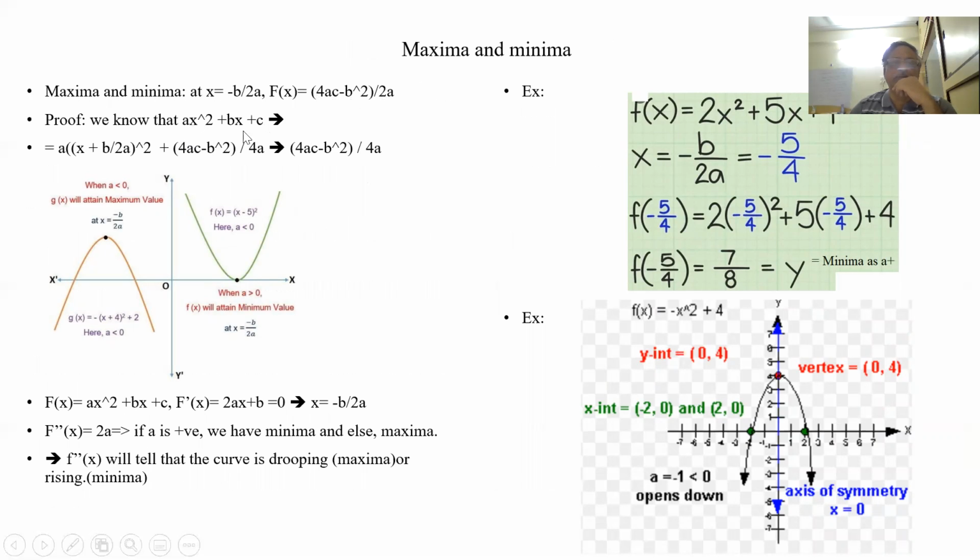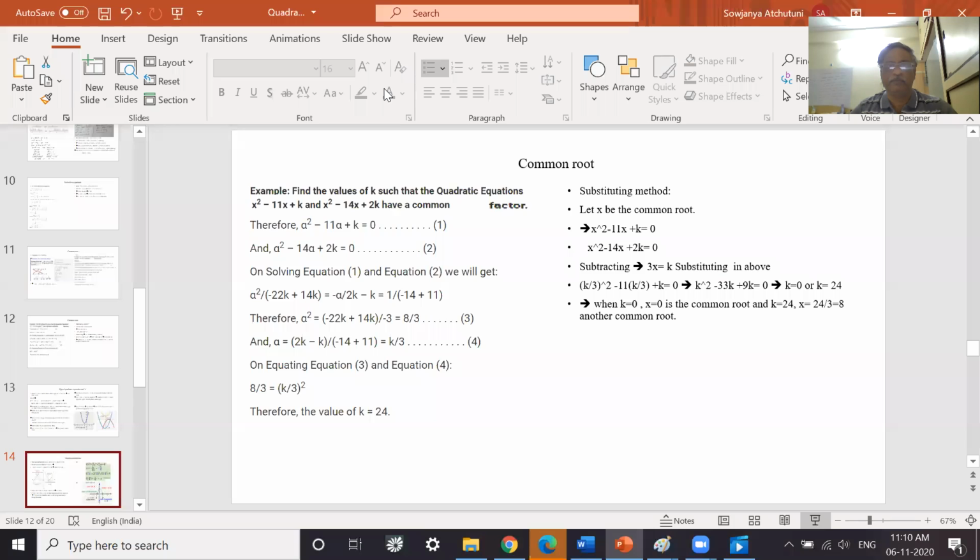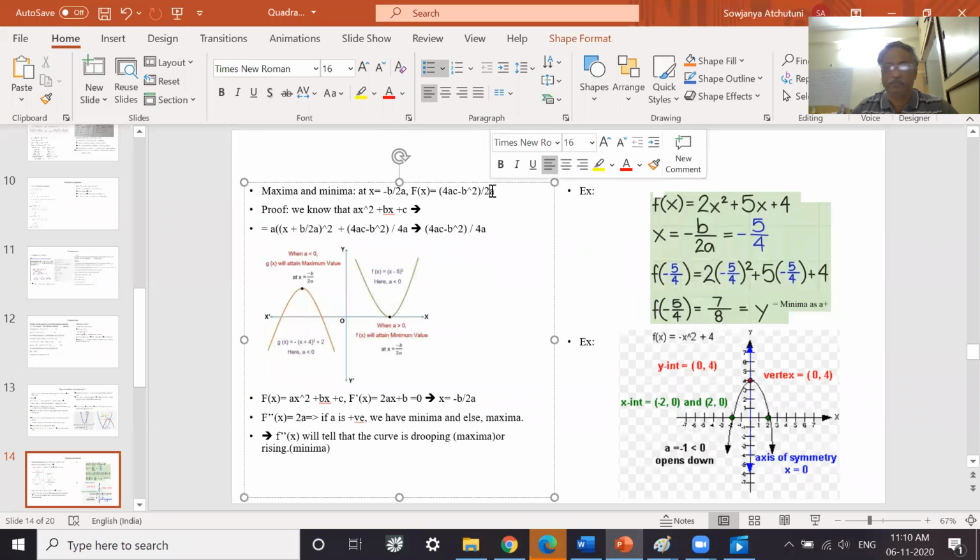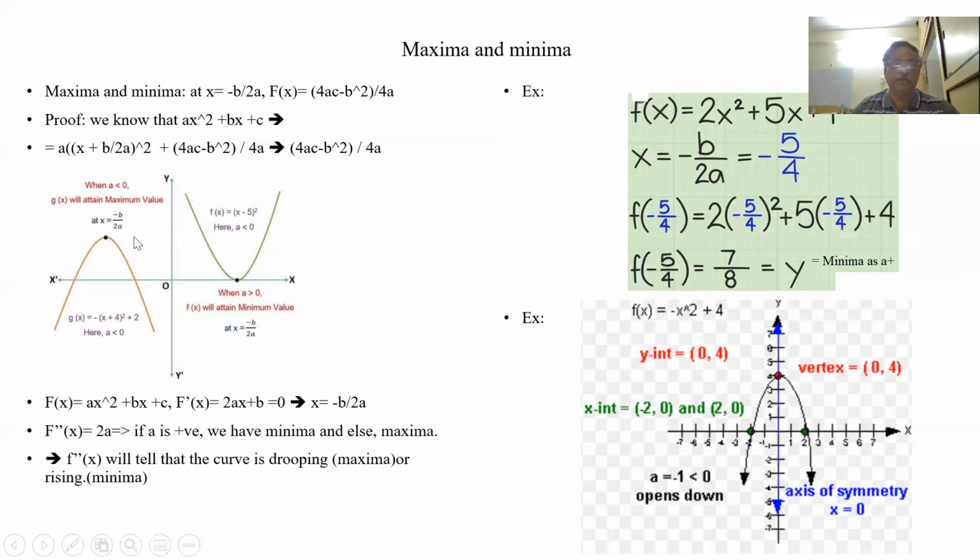So ax square plus bx plus c, we have written this way. So when x is minus b by 2a, I am getting 4ac minus b square by 4a. So this is y. When this y becomes 0, what does it mean? 4ac becomes b square.